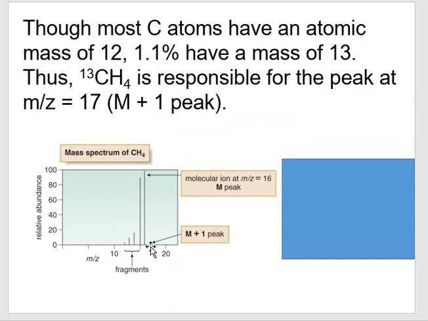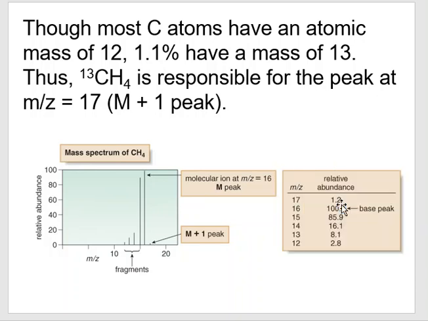Let's look now at the M+1 peak and recall that most carbon atoms have an atomic mass of 12. So for most methanes, the carbon in it is carbon 12. That's going to be the most common type of methane, and it has a molecular weight of 16.